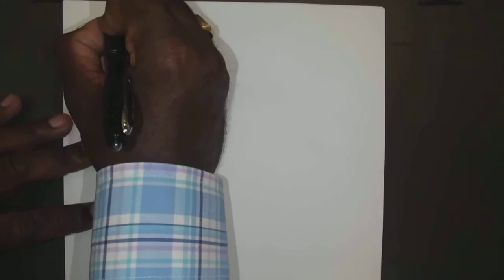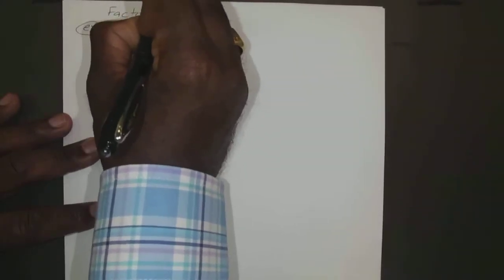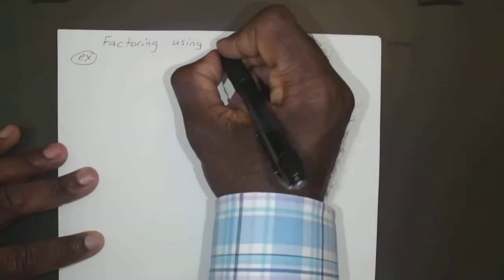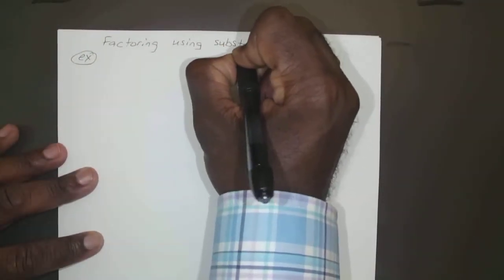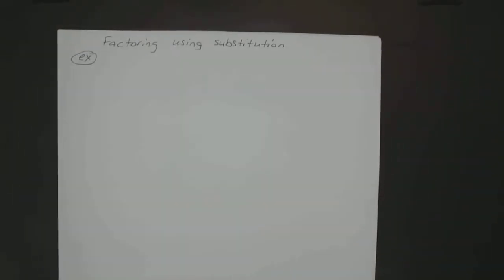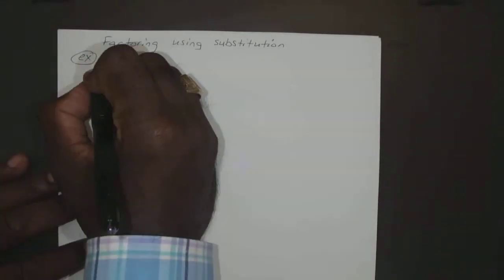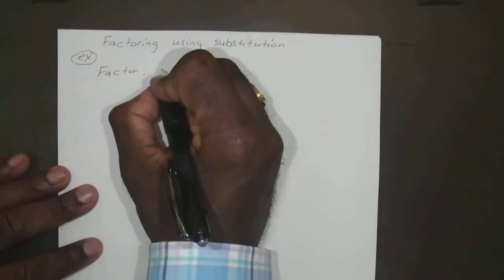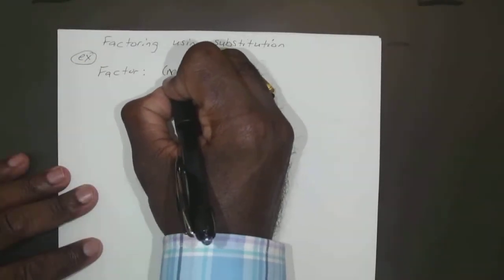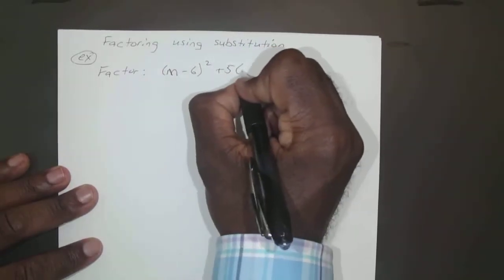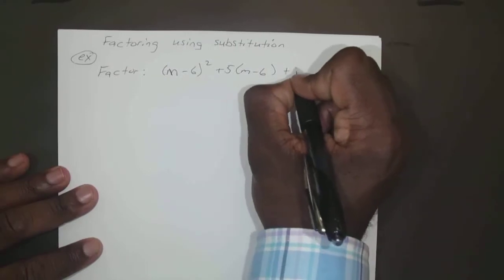Okay, so let's say if we wanted to factor m minus 6 squared plus 5 times m minus 6 plus 4.